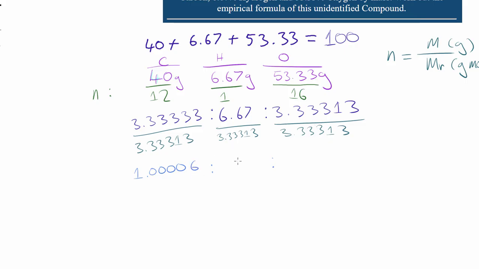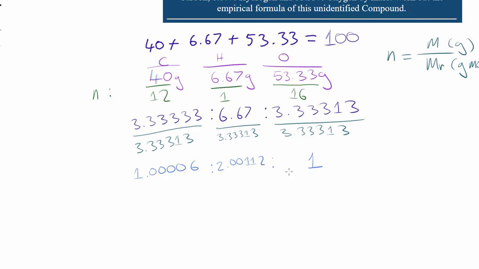In the case of hydrogen, you get 2.00112. And in the case of oxygen, you're dividing 3.33313 by itself, and so of course you don't need a calculator to figure out that that's simply going to be 1.